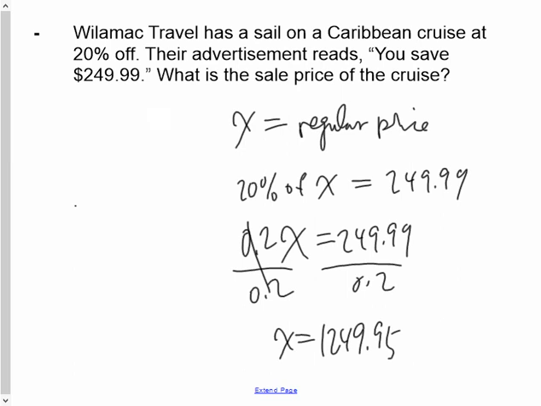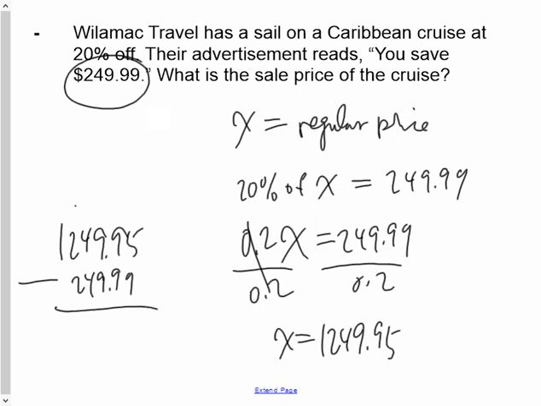If that's the regular price, and you're going to save this much, then you have to take the regular price of the trip, subtract what you're saving, and you will get the final cost of the trip.